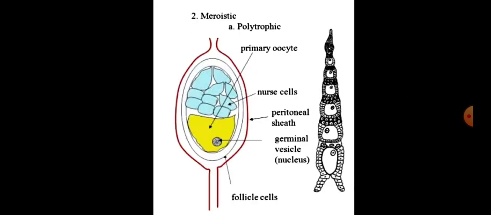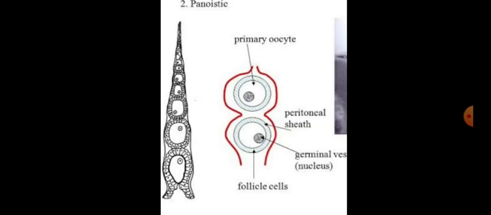This is the meroistic or polytrophic. Here the nurse cells are present within the follicle. And this is the panoistic.